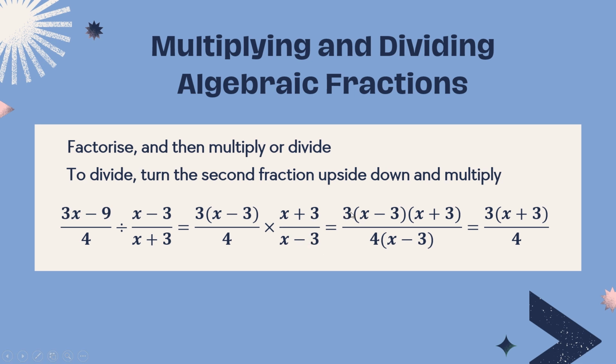So we got 3 times x minus 3 times x plus 3 over 4 times x minus 3. Because we have x minus 3 in the numerator and the denominator, we can cancel them. So the final answer is 3 times x plus 3 over 4.